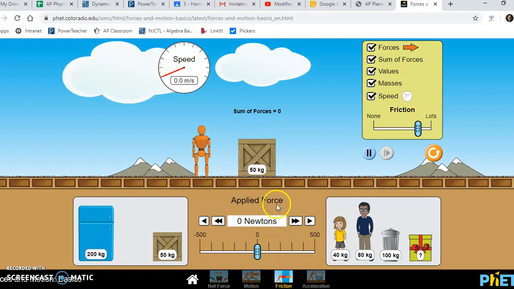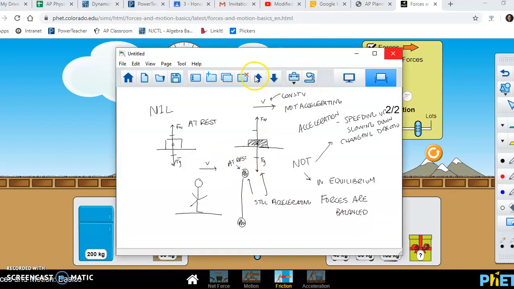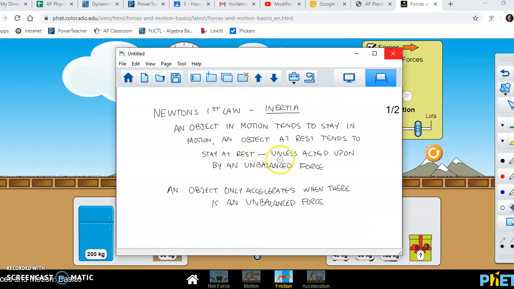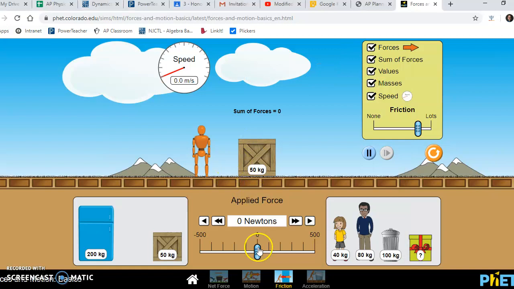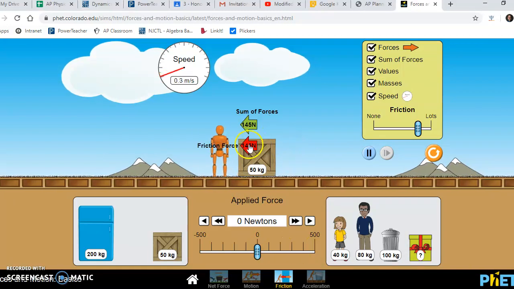That's real life. But the reason why it stops isn't because we need to keep pushing on something to make it move. The reason why it stops is because there is an unbalanced force on it, right? Newton's first law says, unless acted upon by an unbalanced force, and the unbalanced force is friction.